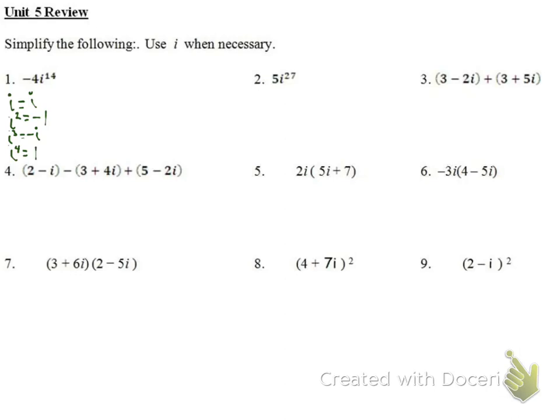So it's a pattern that repeats, and then we could go back to i to the 5th would be i, i to the 6th would be negative 1, i to the 7th would be negative i, i to the 8th would be 1, and it keeps repeating. So we don't have to go all the way through that.